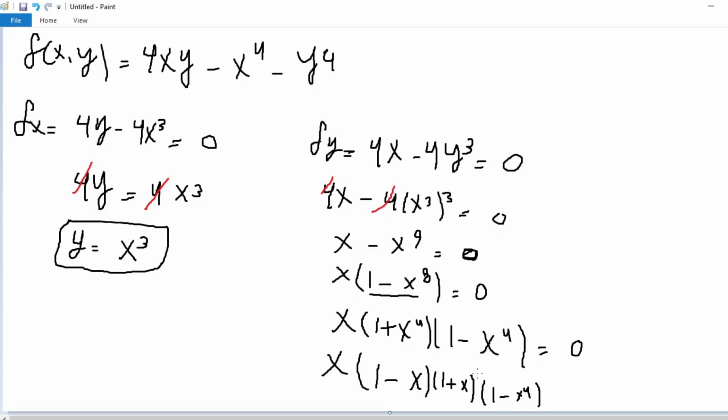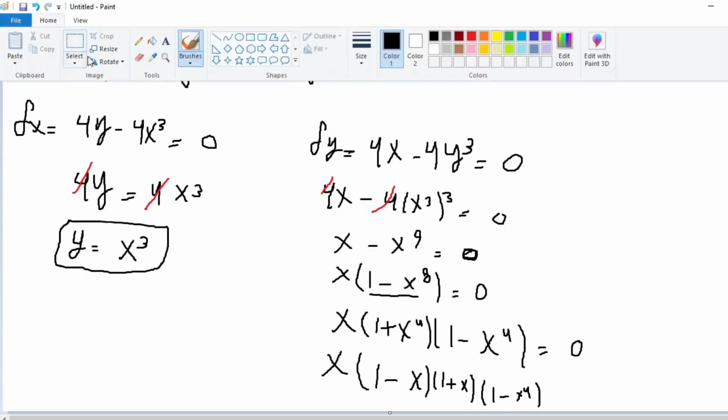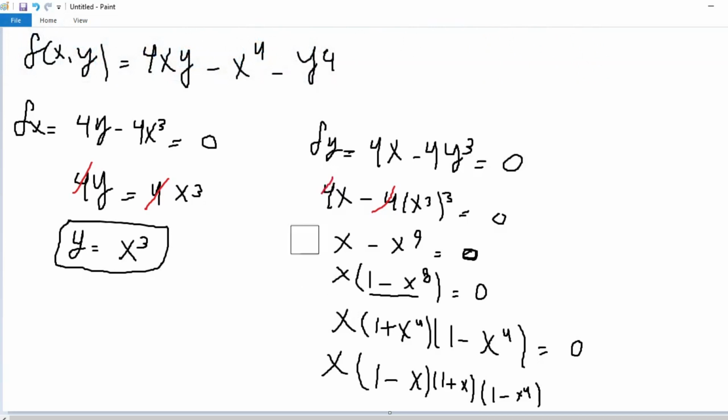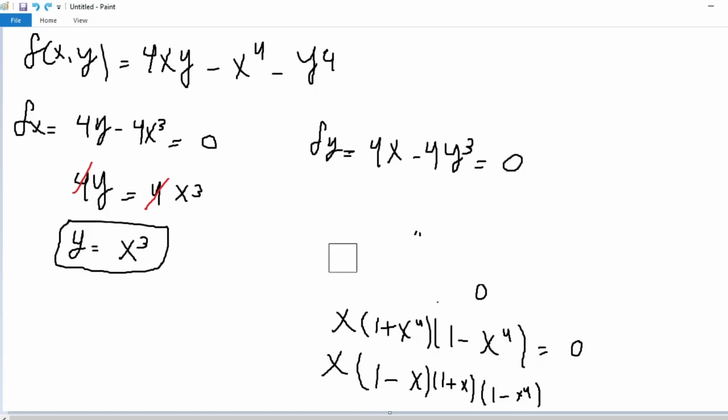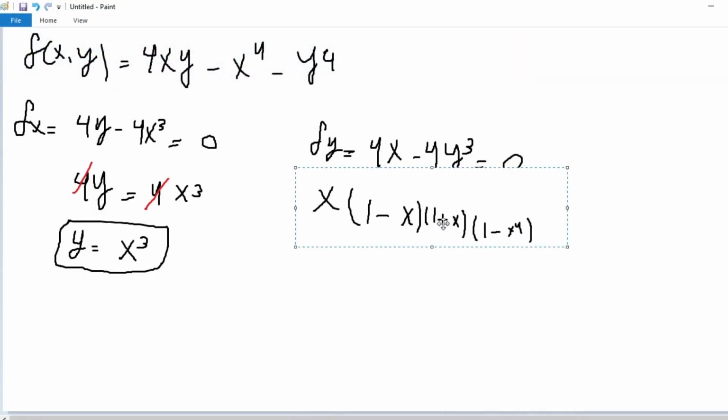And yeah, from here, let me make some space a little bit. We can delete those.